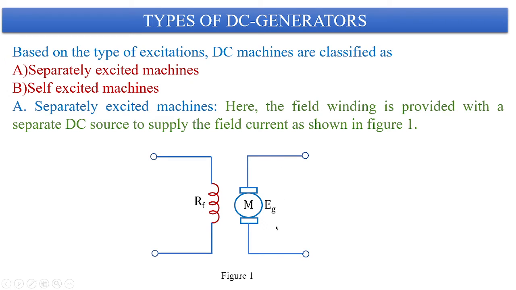In the case of a generator, we assume that the generator voltage is E suffix G, and the resistance of this machine is the armature resistance denoted by R suffix A. So this type of circuit arrangement can be regarded as a separately excited machine.